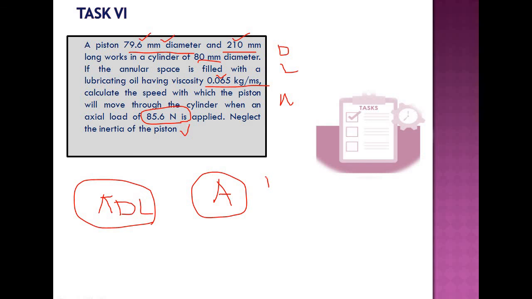If you divide the axial load by area, that will give shear stress. And now the shear stress is mu into du by dy. Mu is given. So what is dy? That is also given, 80 minus 79.6. So you get the velocity, or the velocity with which the piston can be moved through the cylinder.